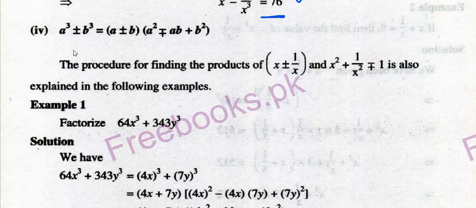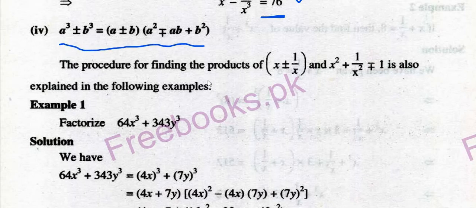a cube plus or minus b cube. These are two formulas. The procedure for finding the products of x plus or minus 1 by x and x square plus 1 over x square plus or minus 1 is also explained in the following examples. These two formulas can be written as follows. Do not confuse the plus or minus sign. A cube plus b cube equals (a plus b) into (a square minus ab plus b square).